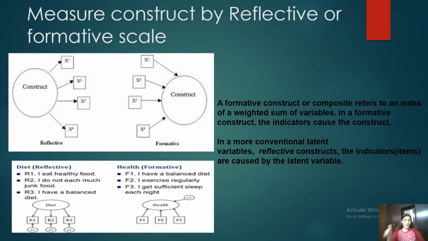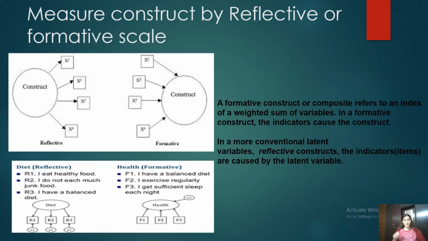So I eat healthy food, and somebody said strongly agree, number 5, tick. I do not eat much junk food. Now what should he say to this? Should he say 5 or should he say 1? He should say 5, 4 or 3. Come to the next statement. I have a balanced diet. What should he say to this?